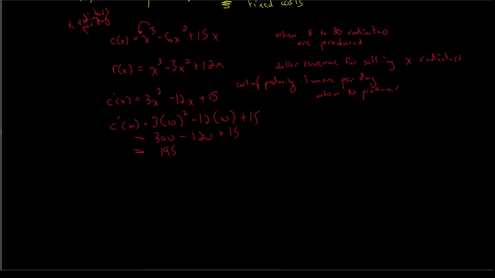And then the revenue is affected, right? So we're going to go from 10 radiators a day to 11 radiators per day. Then the revenue will be affected similarly. So we'll take the derivative here, bring the 3 out front, bring the power down by 1, bring the 2 out front, bring the power down by 1, and we get plus 12.